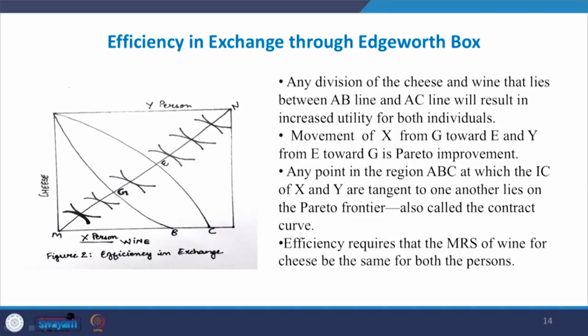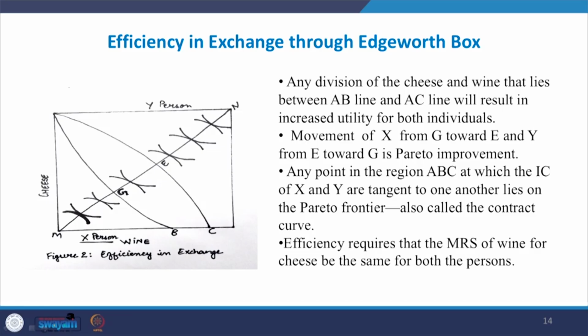Here wine is taken on the horizontal axis and cheese is measured on the vertical axis, and person X's utility is taken from the horizontal axis below, and Y's from the horizontal axis above.